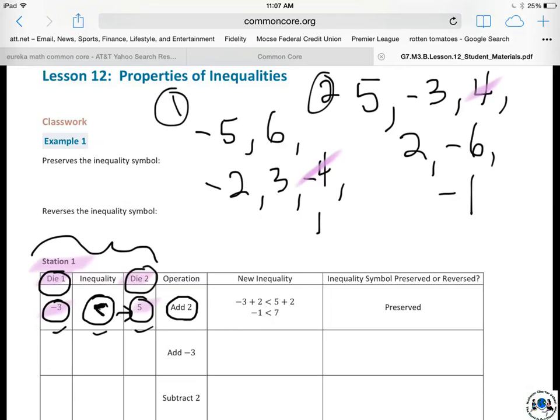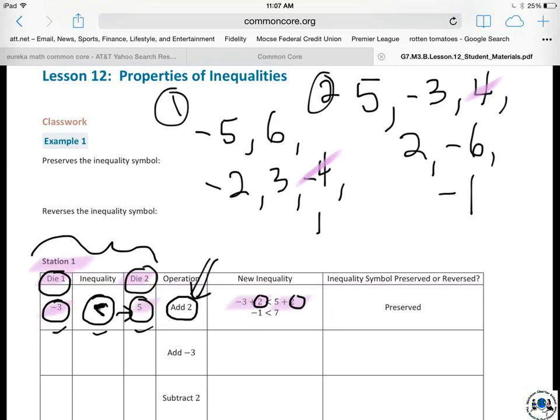Then you come up with this new inequality, and it is, as we can see, -3 plus 2 is less than 5 plus 2. So you can see the 2 has been added to both sides. That's what this operation is. We'll do a few examples, and the only reason we're doing this is we are trying to set up inequalities just randomly.